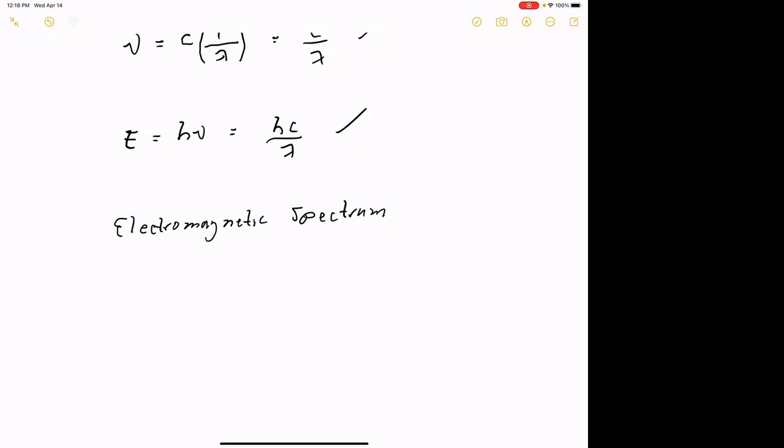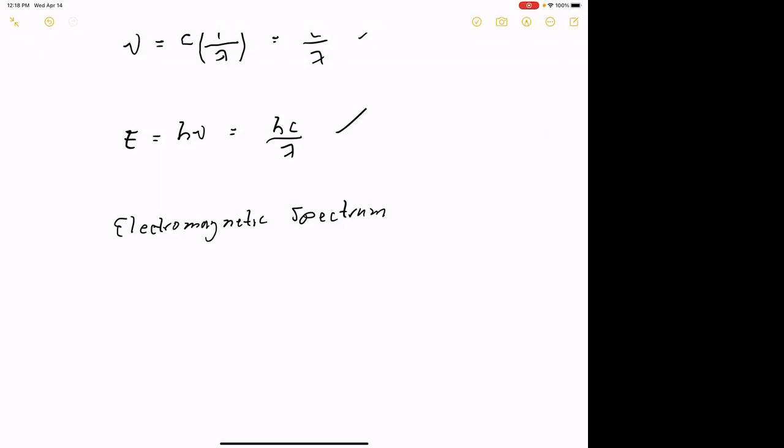Now, radiation is just a fancy term for light. Okay, so we have all different kinds of light of different wavelengths, frequencies, and energies. Okay, so if we talk about in terms of energy, which ones have the highest energy? Well, it turns out it's the really short wavelength, high frequency light.